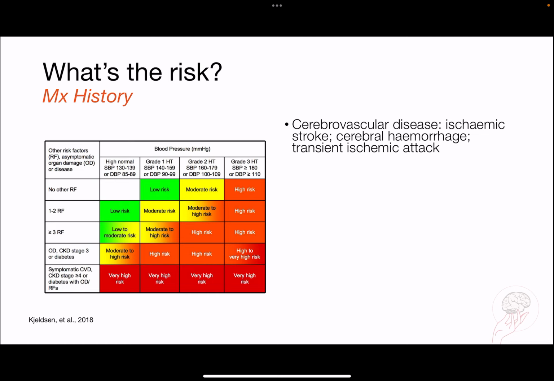Other medical history related risk factors are ones related to the cardiovascular system, including cerebrovascular disease, ischemic stroke, cerebral hemorrhage, and transient ischemic attack.